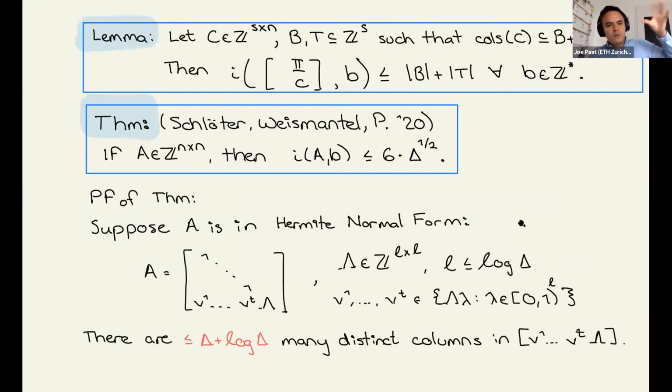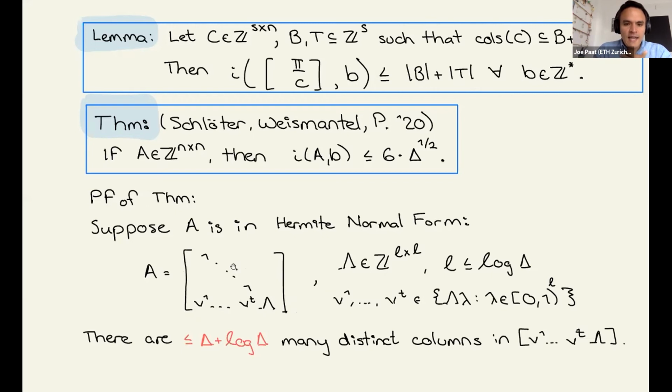Again, we can transform our polyhedron by unimodular matrices. So we can assume that A is in what's called Hermite normal form. If you're not familiar with that, just believe me that A can look like this sort of triangular matrix. And the number of columns in this last part is bounded above by delta plus log delta.